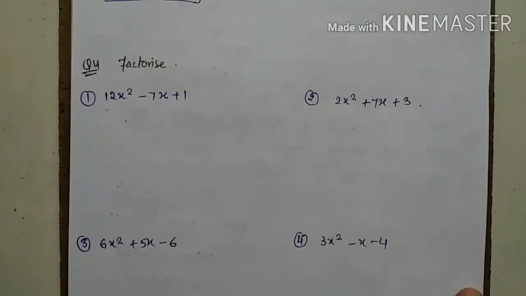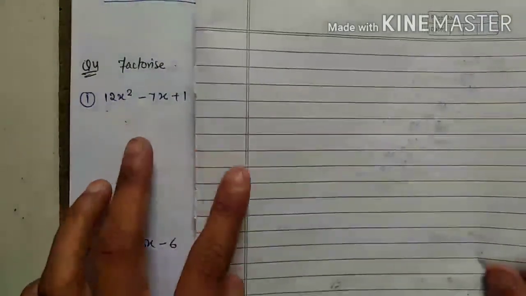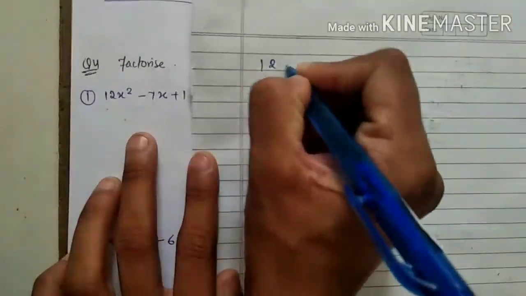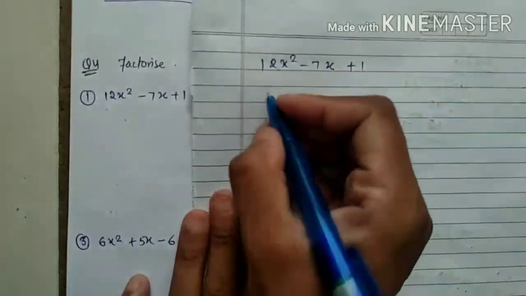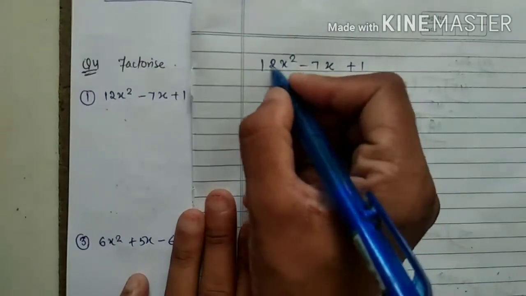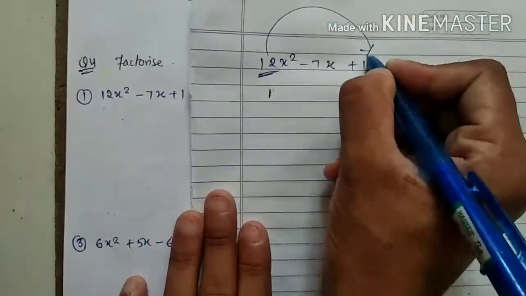Now come to the new things. Factorize. You have done in your 8th standard how to do factorization. So I am just giving you some basic idea how to factor. Just see here. I am taking the first question. The first question is 12x square minus 7x plus 1. Again, you know that this 12 will multiply with the c part.